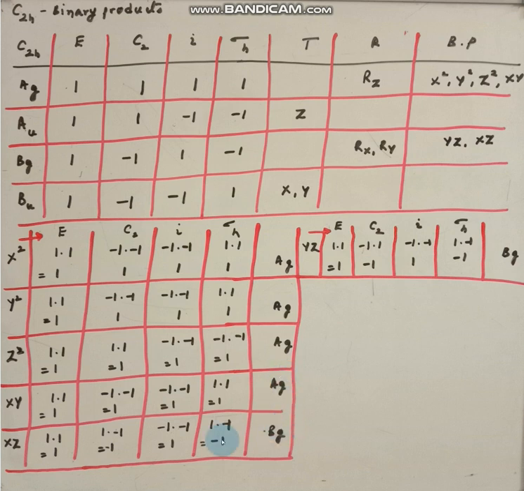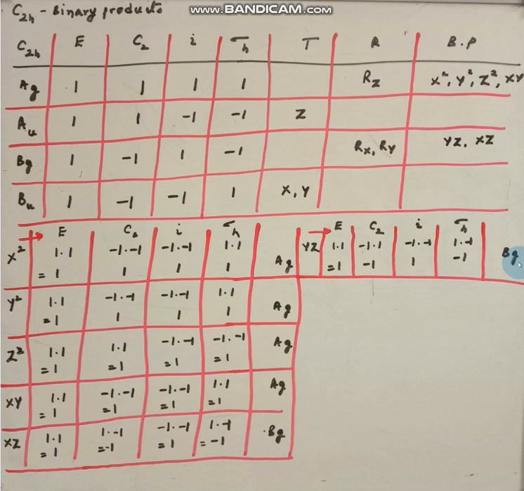Similarly, I should do xz. Xz means the multiplication of x with z, that is 1 into 1, minus 1 into 1, minus 1 into minus 1, 1 into minus 1, that corresponds to Bg. Finally, if you come to yz, y on application with z, that is 1 into 1, minus 1 into 1, minus 1 into minus 1, 1 into minus 1, you have Bg.